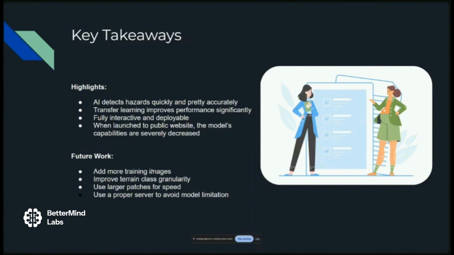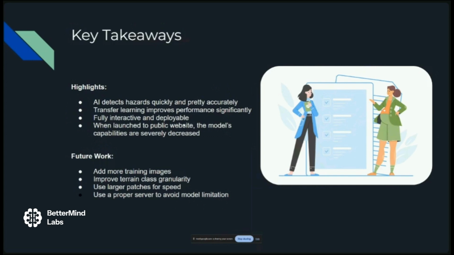My accuracy jumped from about 75% to about 95% just from the first training when switching to a pre-trained model. The website is fully interactive and deployable. One thing I'll show later is that when launched to a public website, the model's capabilities are severely decreased, and I'll showcase that.